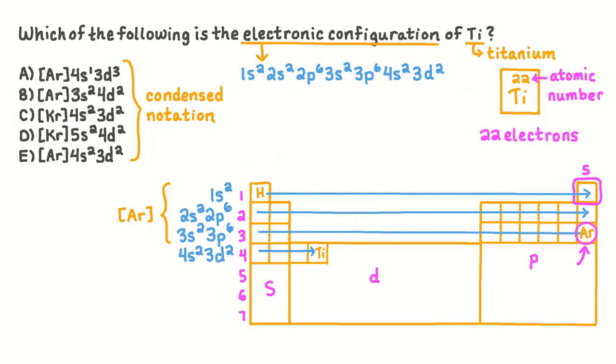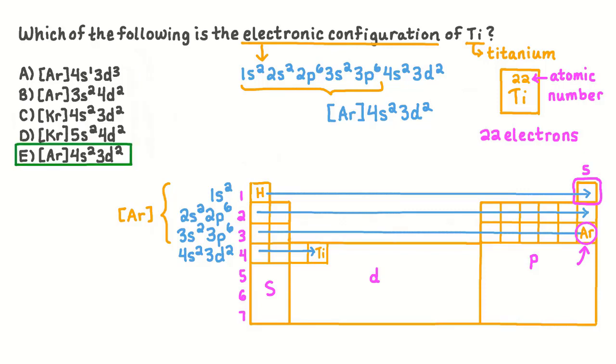We can condense the electron configuration that we wrote for periods 1 through 3 as argon in brackets. In other words, the condensed form of the electron configuration for titanium can be written as argon inside brackets followed by 4s2 3d2. Therefore, the correct answer is answer choice E, [Ar] 4s2 3d2.